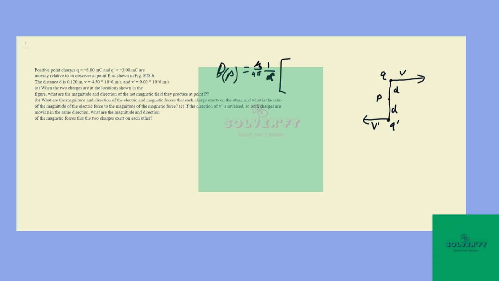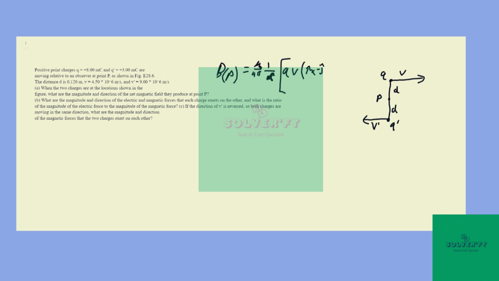So one is going to be the charge times the vector v cross r hat. For the first one, we have q v, and then the unit vector i hat crossed with negative j hat.